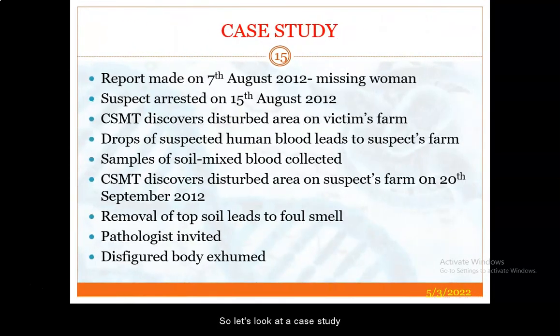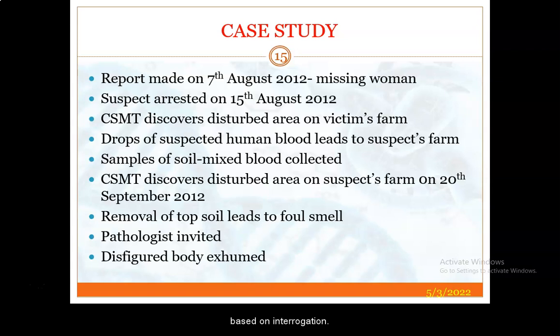So let's look at a case study where a human remain was identified using DNA technology. On the 7th of August 2012, a woman went missing. Then on the 15th, a suspect was arrested by the police.